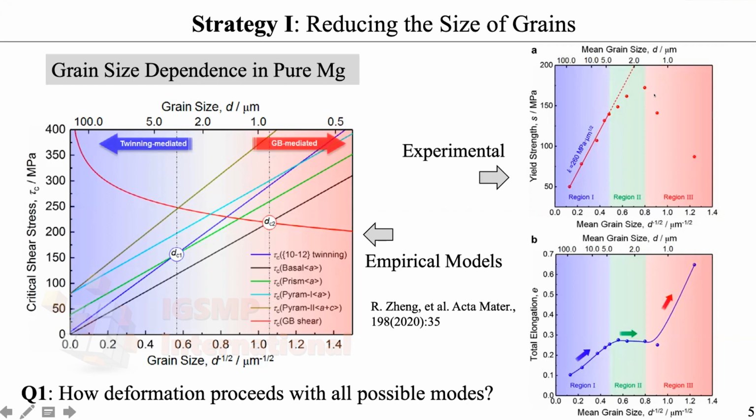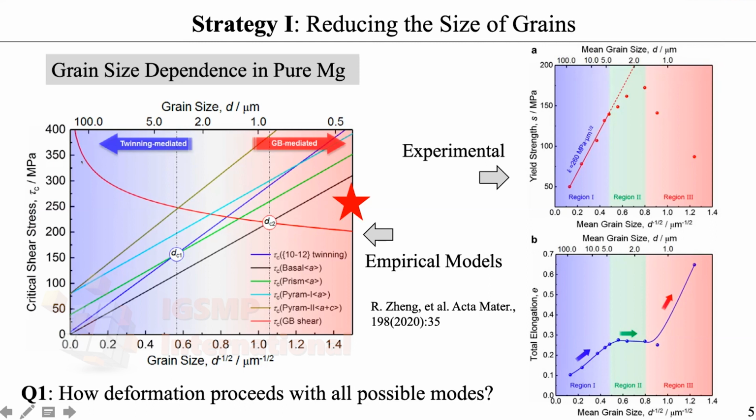And another important parameter is ductility, which we can represent by the elongation here, where you can see that with reduced grain size, the ductility actually increases dramatically. So that will be the goal. We want to reduce the grain size to the nanoscale range, and in that way we will be able to bring the property of the materials to the scale we want to see.